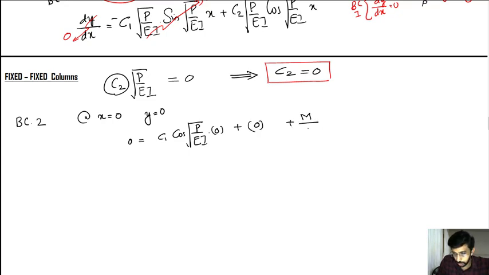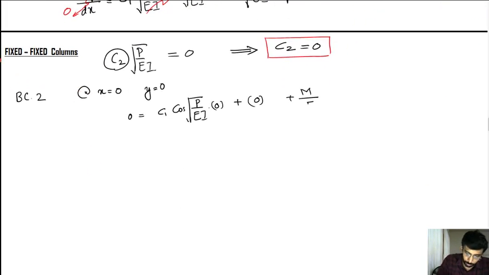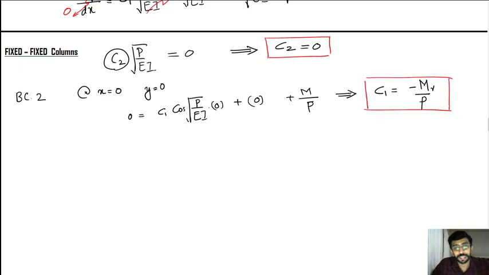What remains is m by p, yes, it has to be m by p. This value will come into action. Now if you solve this equation, we get c1 equal to minus m by p, or mr by p. So we got the constant value as c1 is equal to minus mr by p.